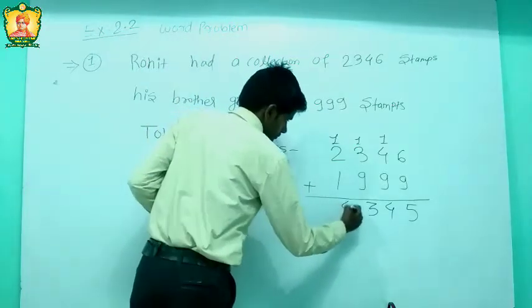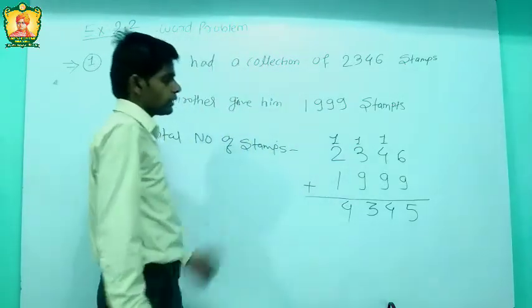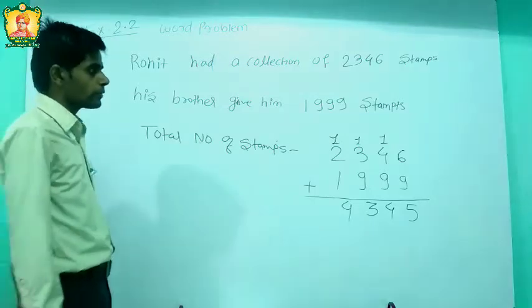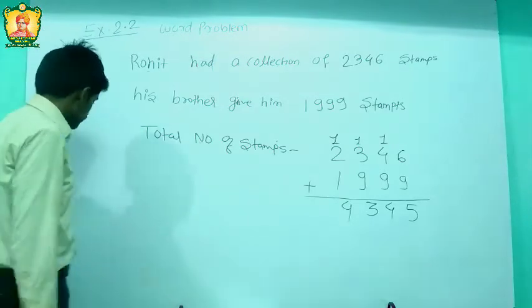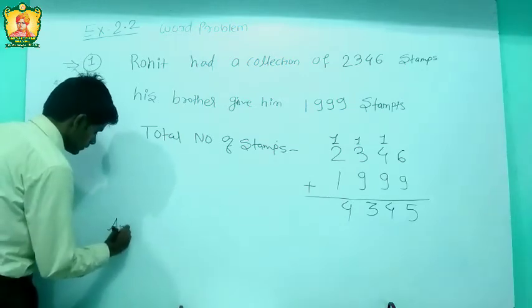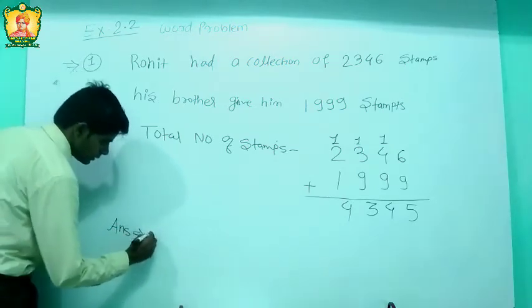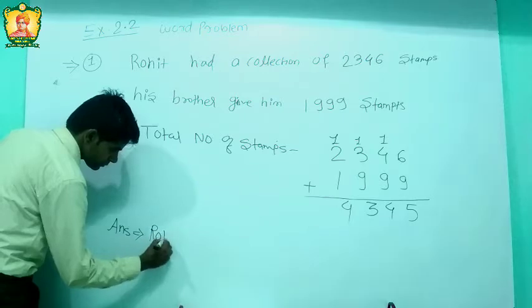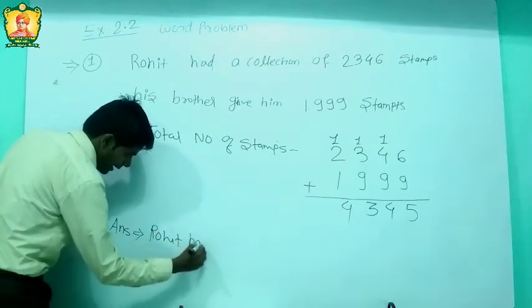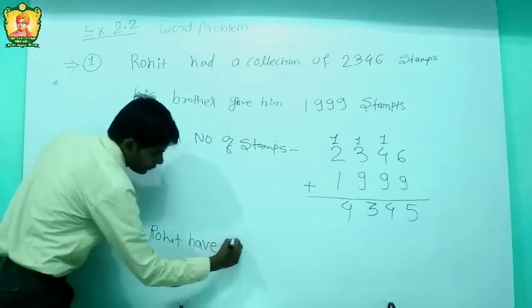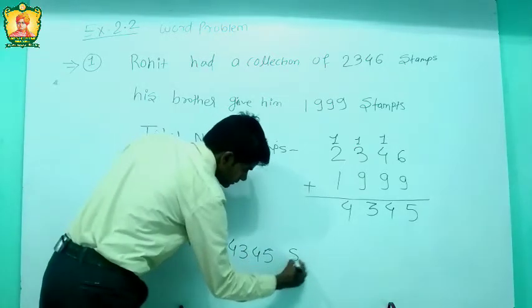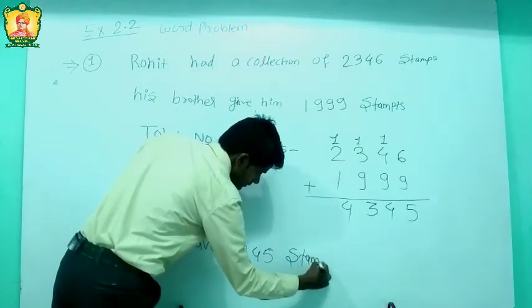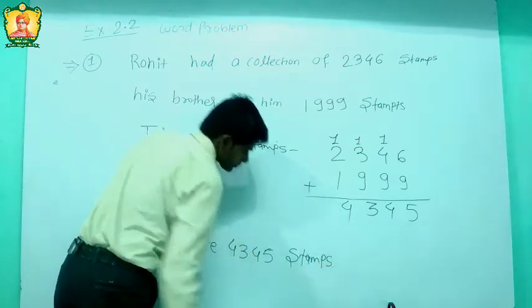4. Done. So 4345. These are the total number of stamps Rohit has. Okay. So we will write the final answer here. What will be the final answer? Rohit has 4345 stamps.